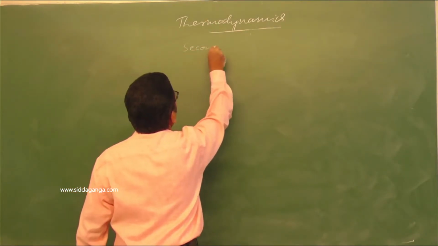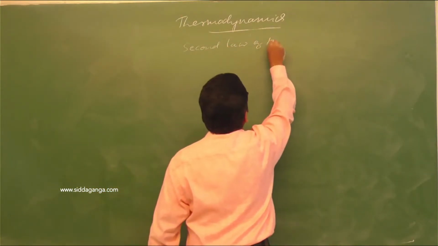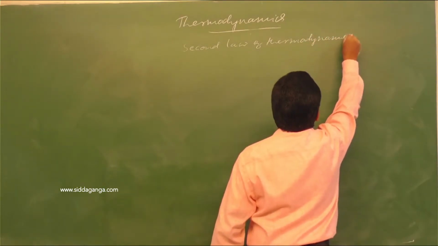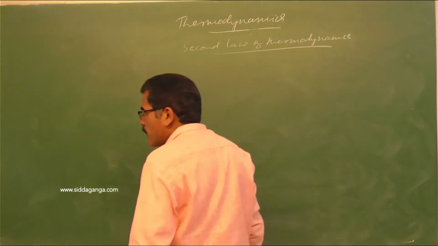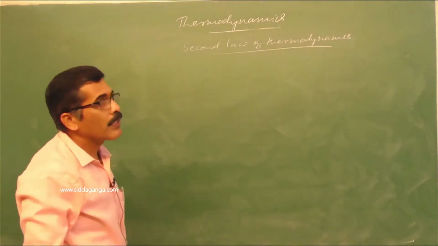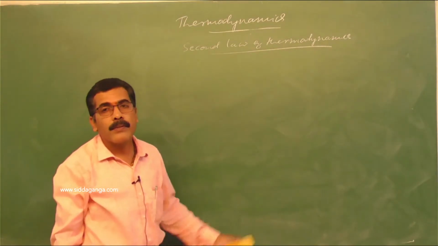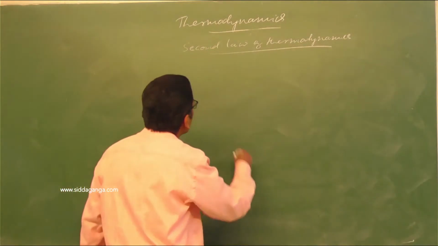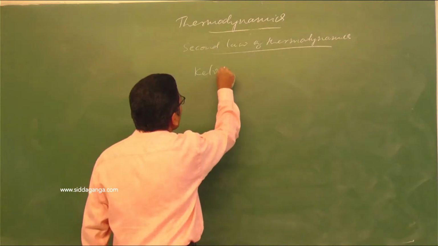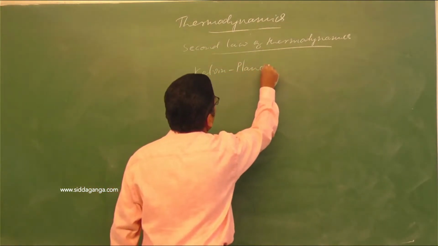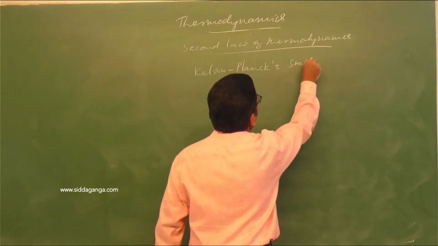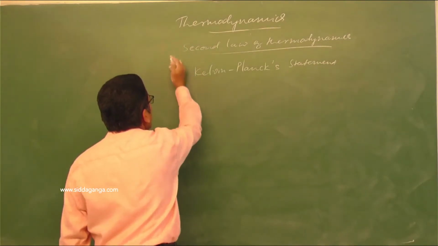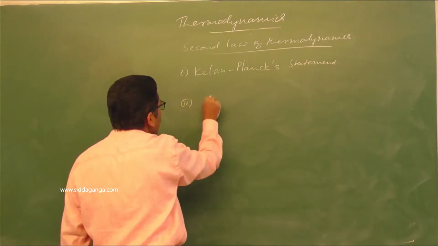Second law of thermodynamics. There are two different statements which are frequently used for the second law of thermodynamics. The first one is the Kelvin-Planck statement, and the second one is the Clausius statement.